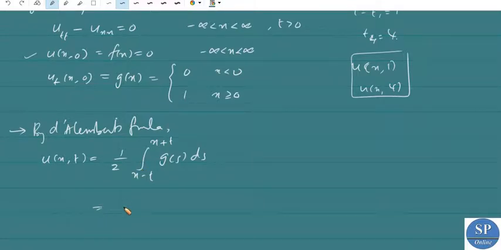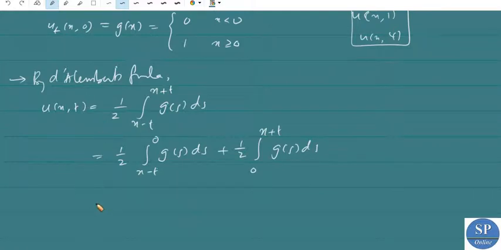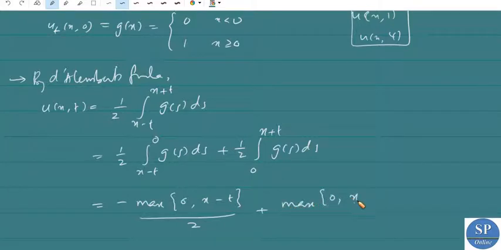We can split this integral as 1 by 2 into the integral from x minus t to 0 of g(s) ds, plus 1 by 2 into the integral from 0 to x plus t of g(s) ds. This can be written as negative of the maximum of 0 comma x minus t, divided by 2, plus the maximum of 0 comma x plus t, divided by 2.